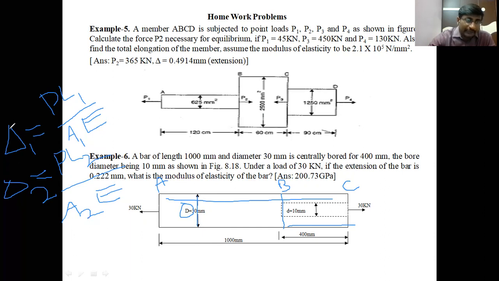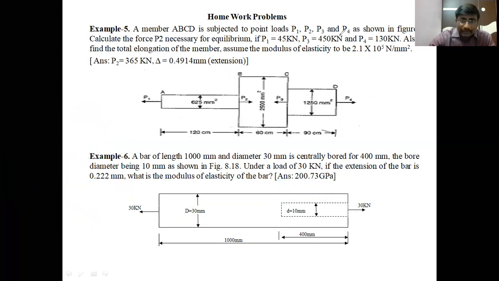What is delta 1? We don't know, because the total extension, delta 1 plus delta 2, is given. In the second formula, P is 30 kilonewtons and L2 is 400 mm. How to calculate A2 for the hollow circular rod?